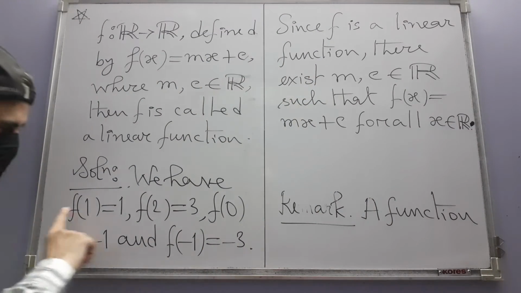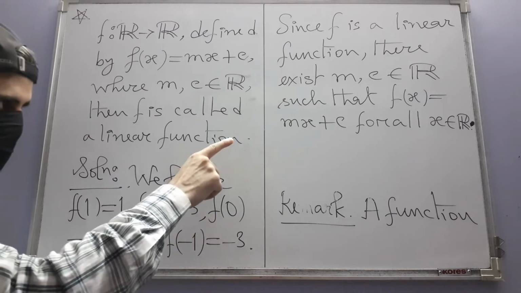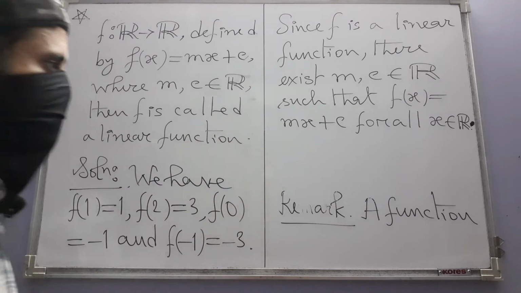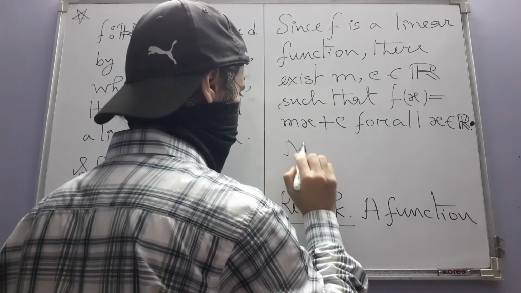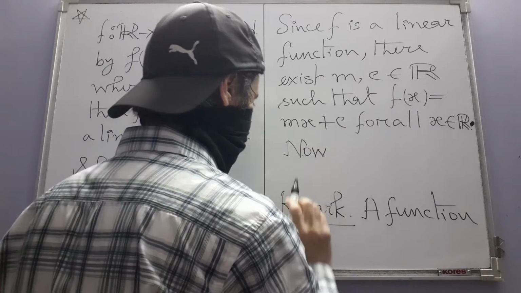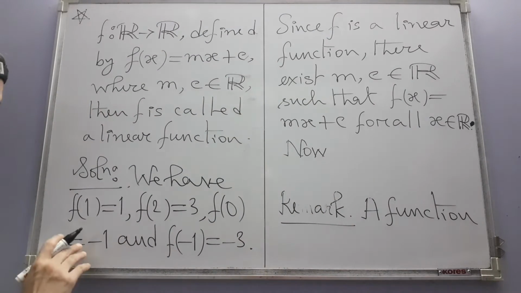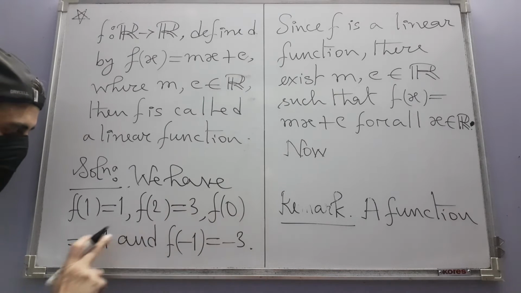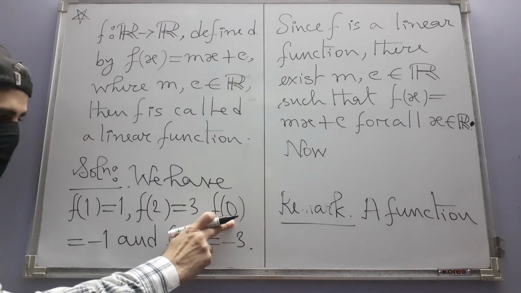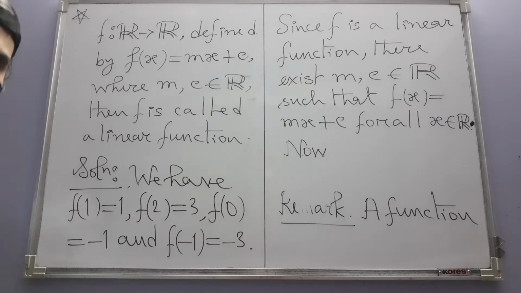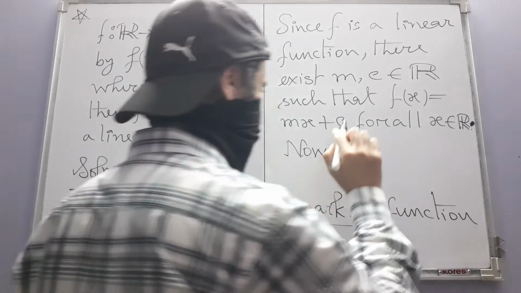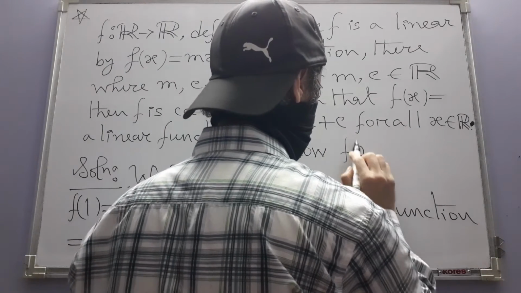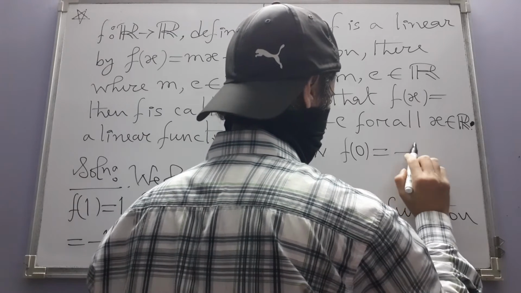Now, using this information, we have to find m and c. Actually, only two equations will be enough. Let us use this one, f of 0 equal to minus 1, because you have 0 here, so we can quickly find things. Now, f of 0 is equal to minus 1.